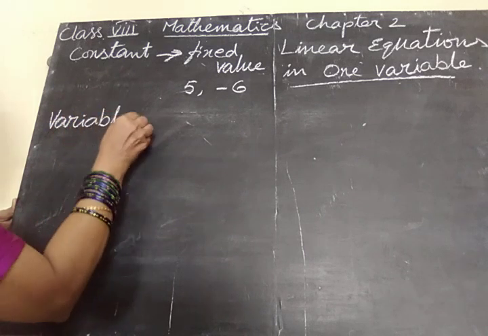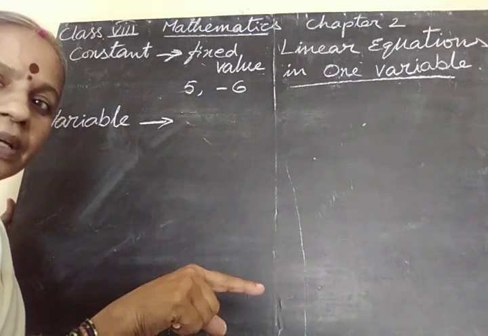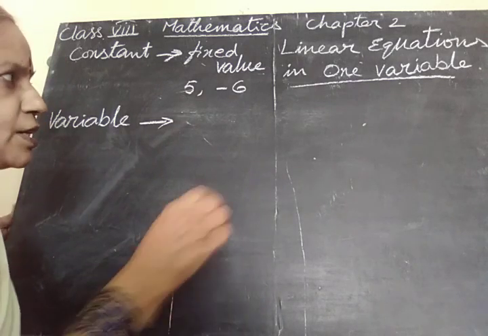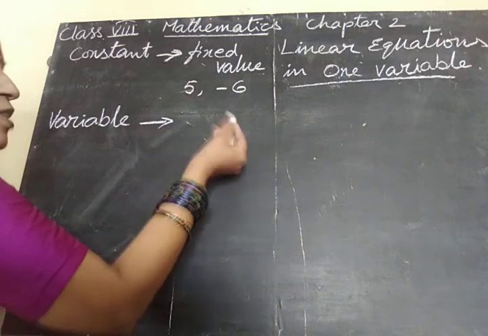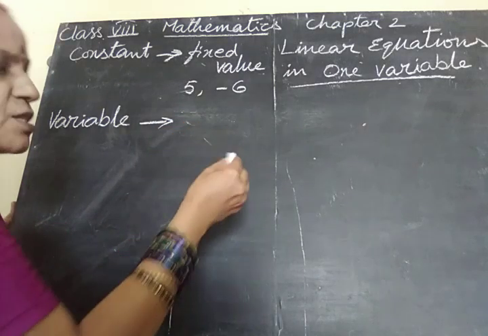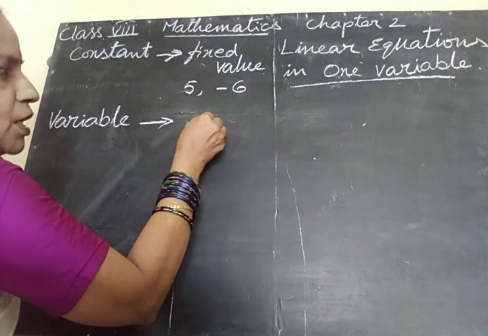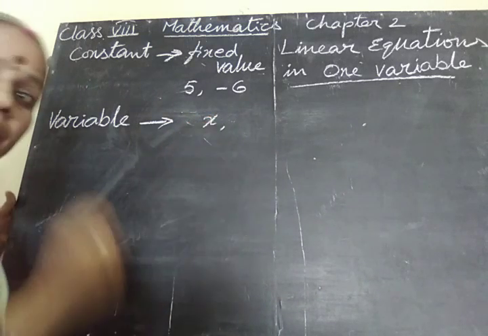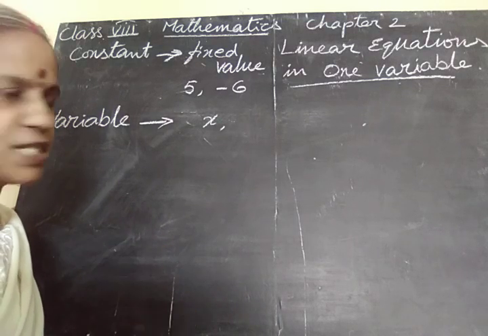What is a variable? A variable means a number that does not have a fixed value. It varies its value. For example, let it be x. For variables, we use English alphabets, small letters.